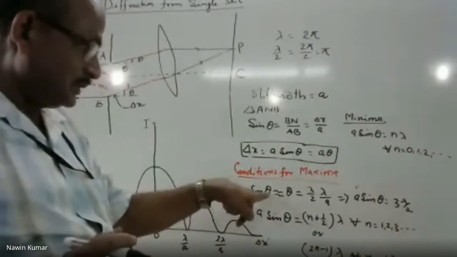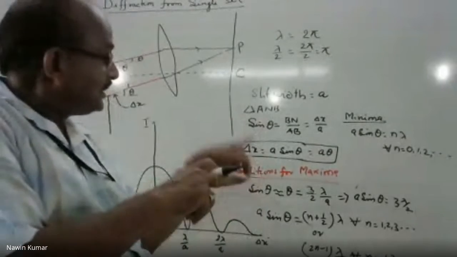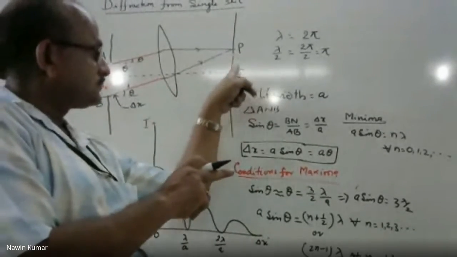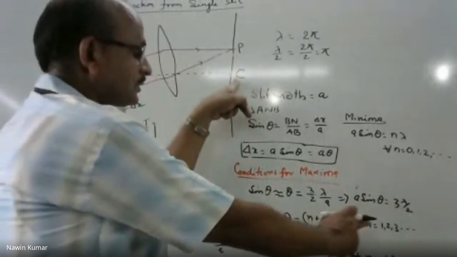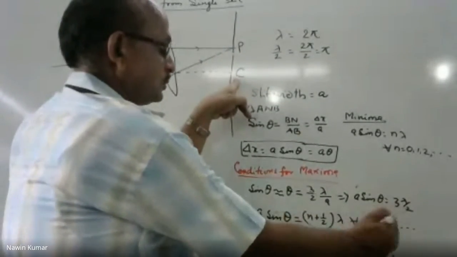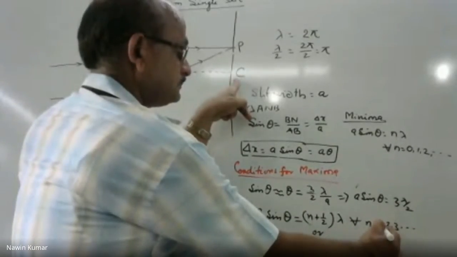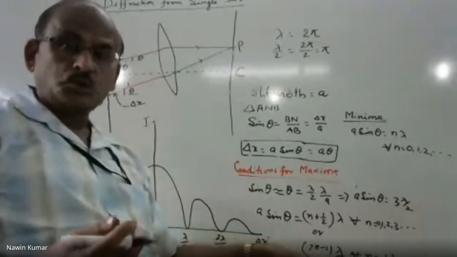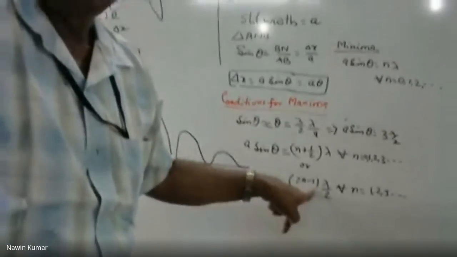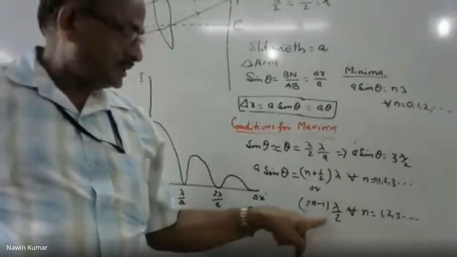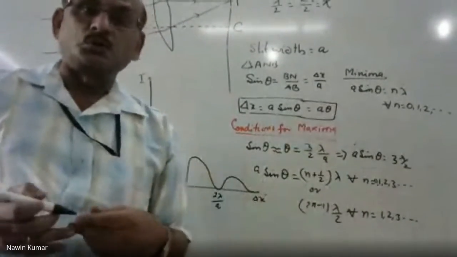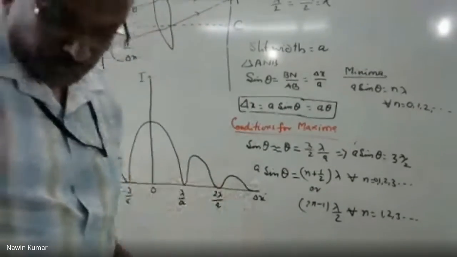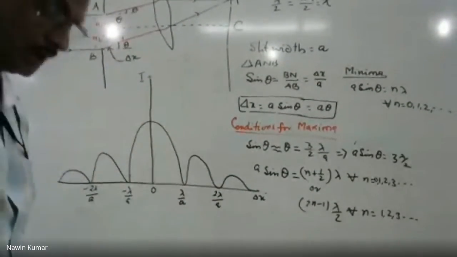But if we substitute for the maxima to satisfy this condition, then we have to take n equal to 0. But if we take this condition, 2n minus 1, it is also an odd multiple, then we have to take n equal to 1, 2, 3. So these are the conditions for minima and maxima.